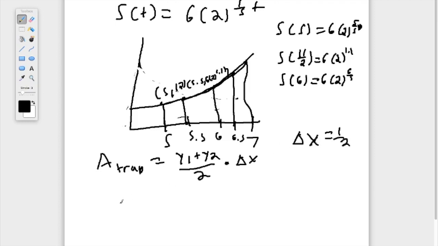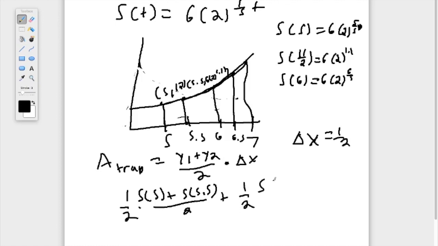Basically, we're going to have s of 5 plus s of 5.5, over 2 times 1/2, and then we're going to have plus 1/2 times s of 5.5 plus s of 6 over 2, and this keeps going on and on.